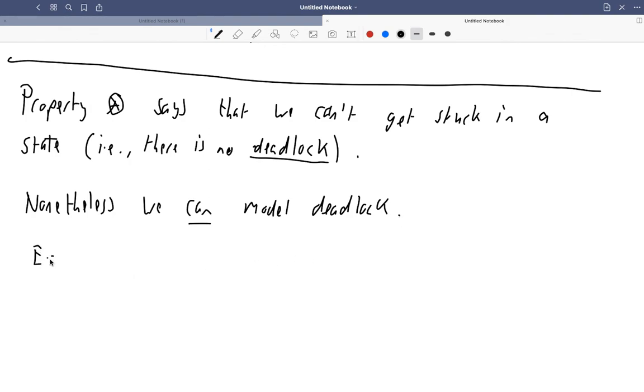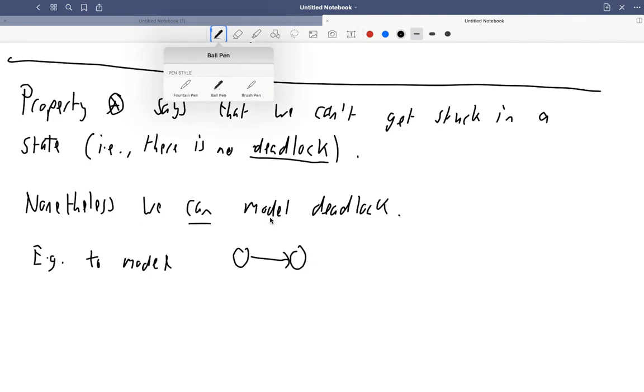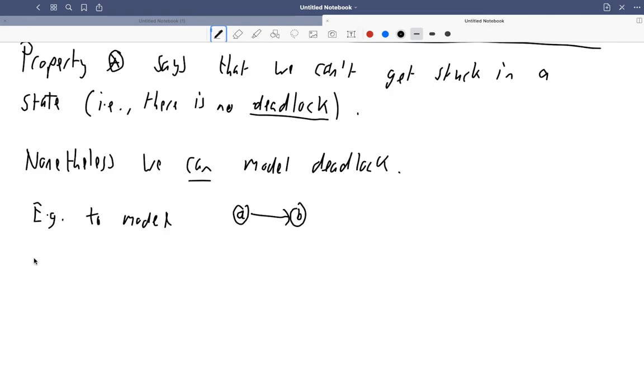So e.g., if we were trying to model a system like this, so just a simple example, and suppose this has property A and property B. We simply add a new atom, D, say, for deadlock.